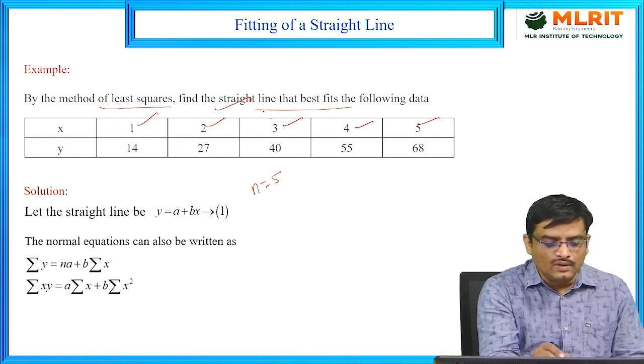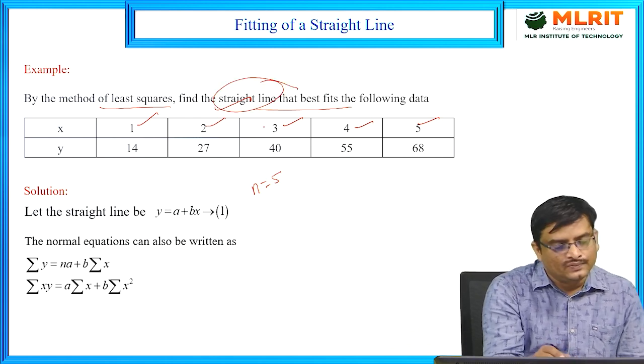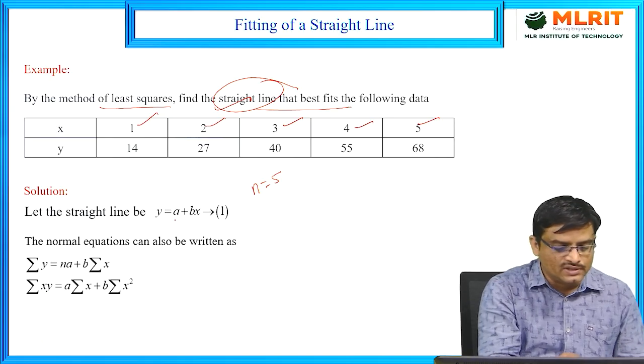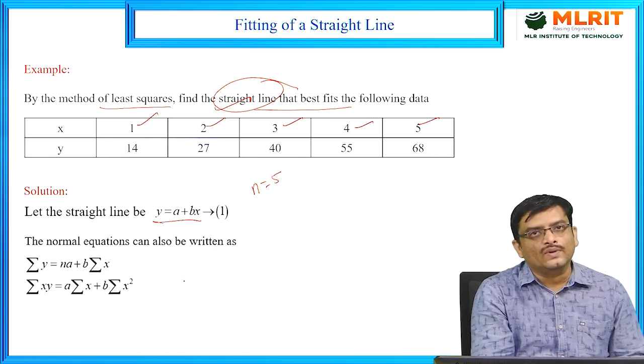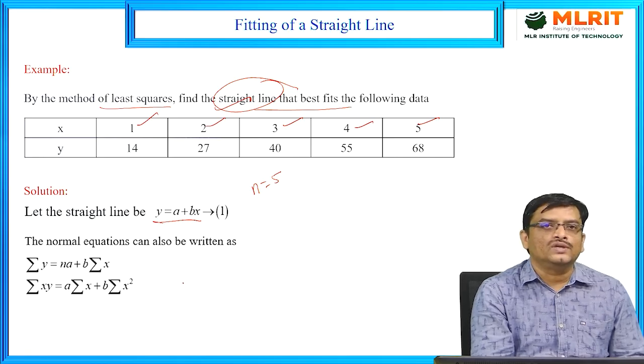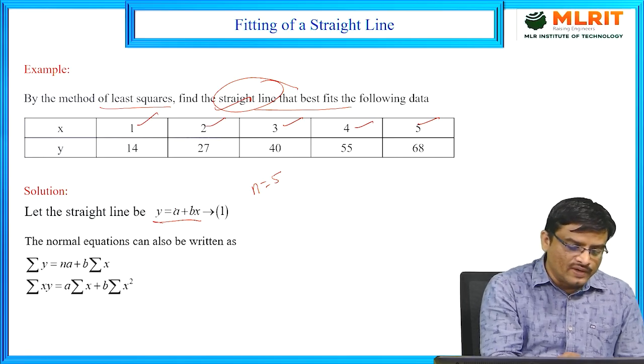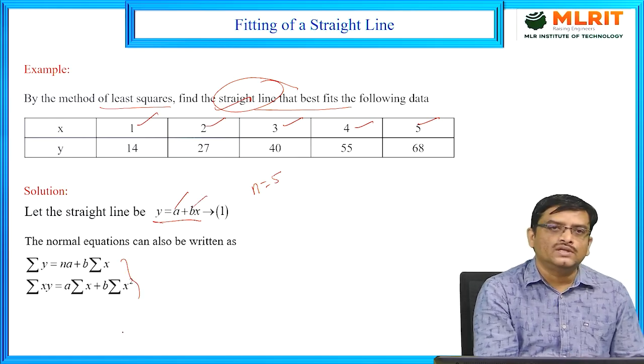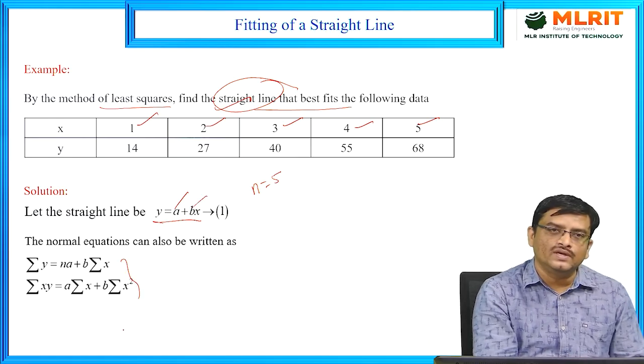Now in the problem, it is asked to find the straight line. In the previous slide we took the straight line equation, that is y is equal to a plus bx. To find this a value and b value, we need two normal equations. These are the two normal equations we got.